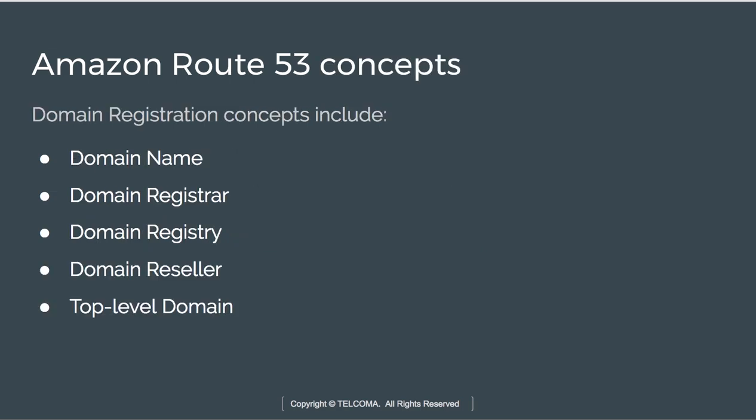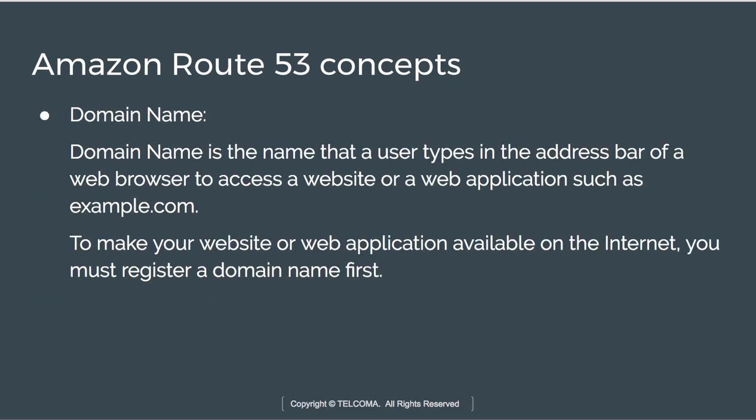So what are the concepts that it includes? It includes domain name, domain registrar, registry, reseller, and top level domain. Let's discuss the very first one, the domain name. What is a domain name? A domain name is a name that a user types in the address bar of a web browser to access any website or web application.